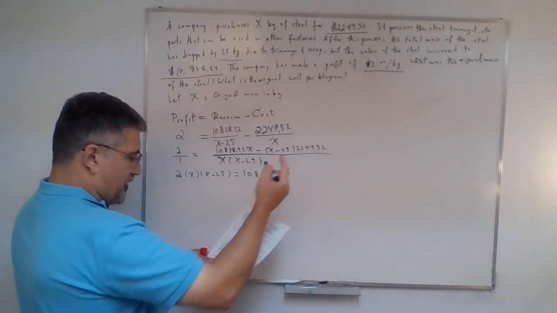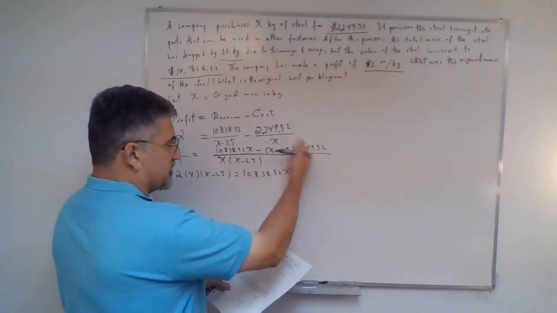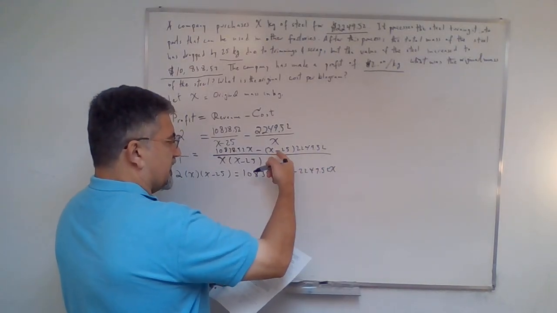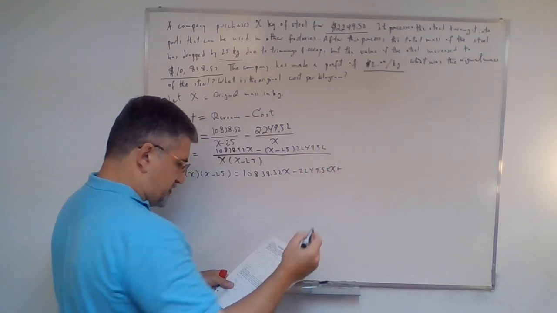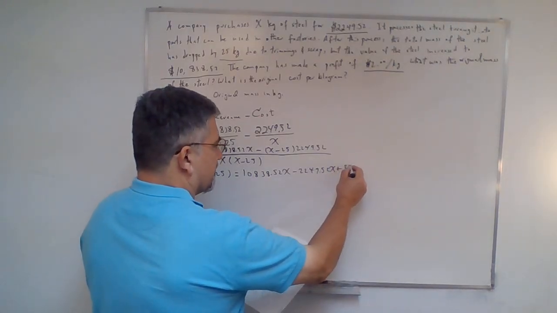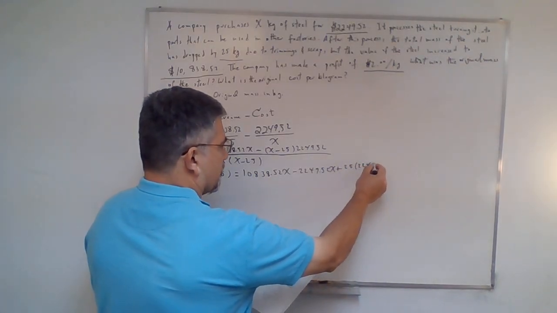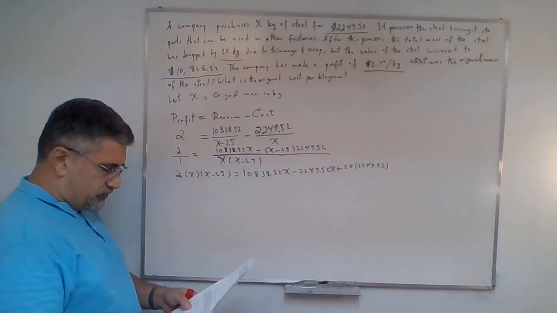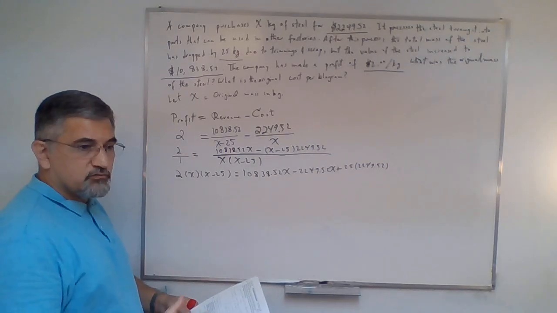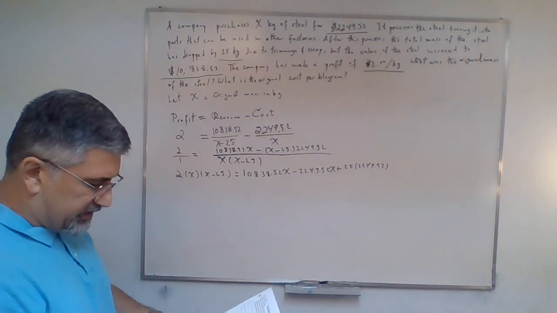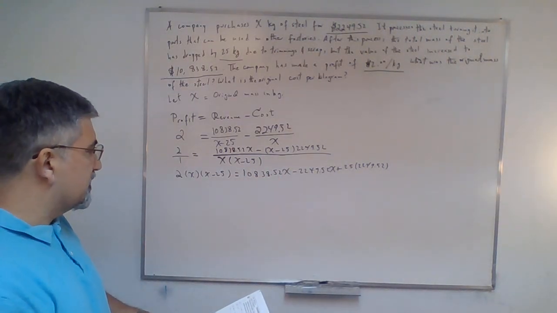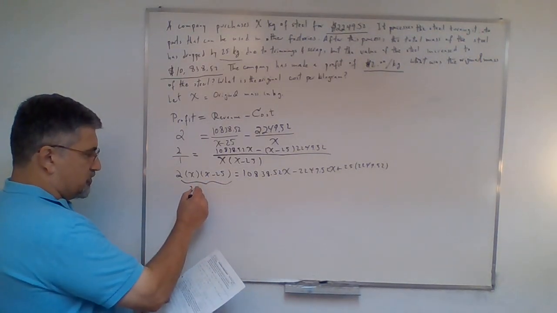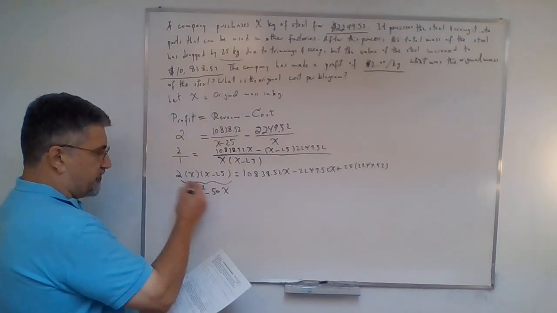So it's going to be, if you multiply using distributive law, minus 224952x, and negative times negative is going to be positive 25 times 2249.52. Now if you just transpose all the terms to one side of the equation and collect like terms and simplify a little bit, you will end up, of course, this part would be 2x squared minus 50x.